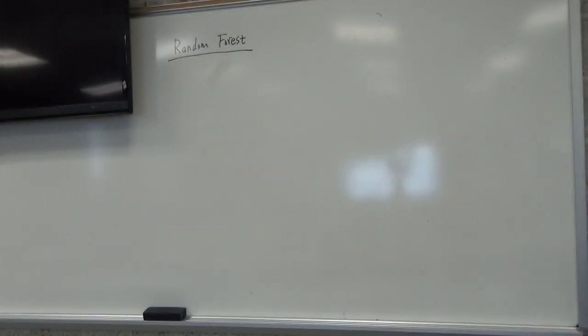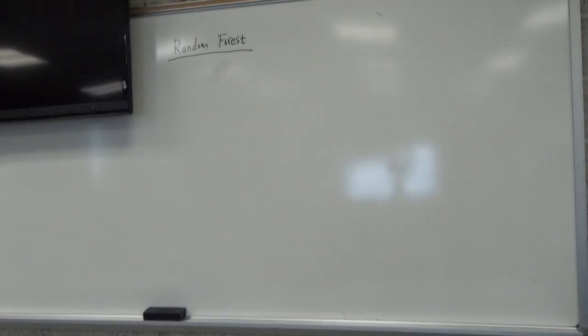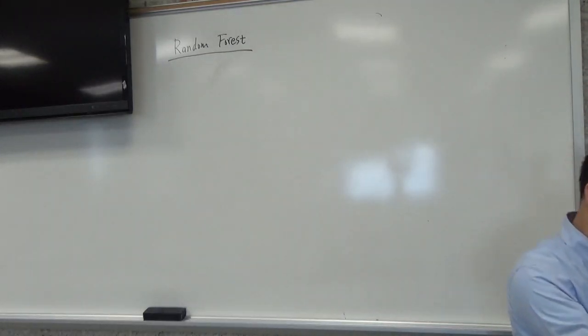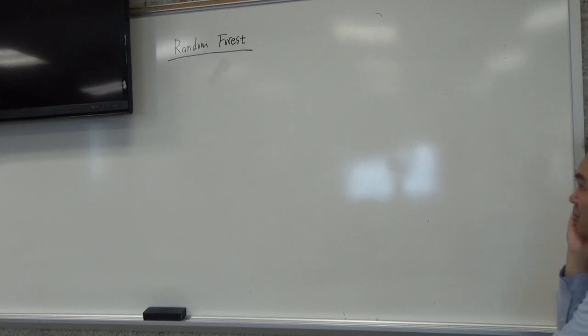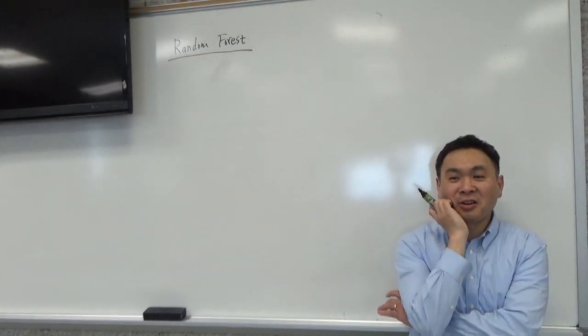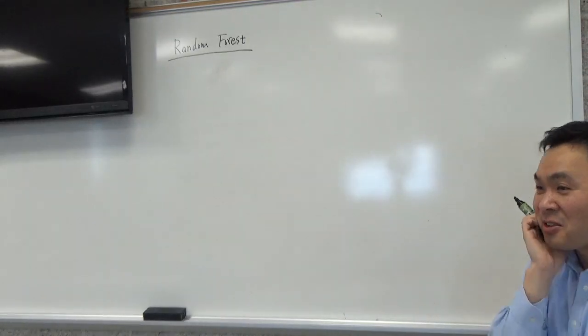Okay, so as we have seen, the decision trees are very sensitive to your training data, such as outliers. So it often does a great job on your training data, and then when you apply it to your test data, it just miserably fails. Okay, and you know what that feels like, right?